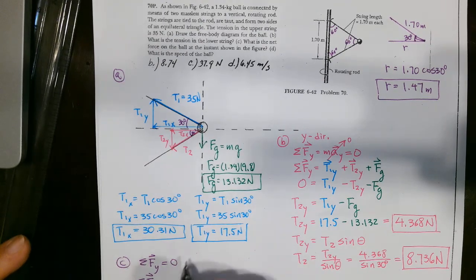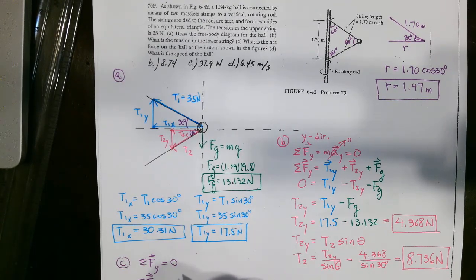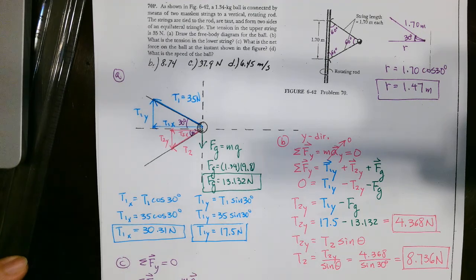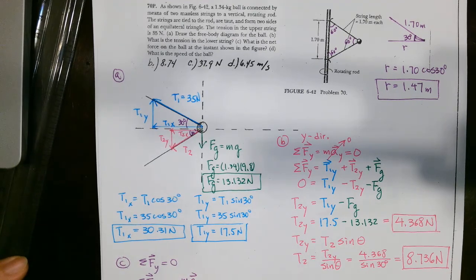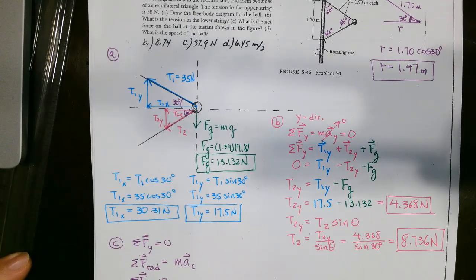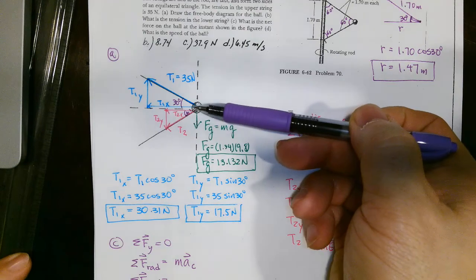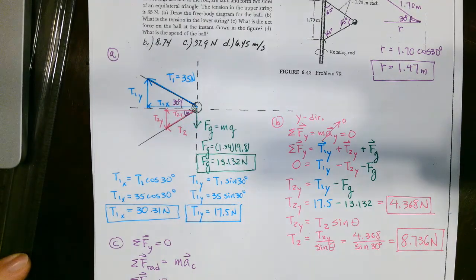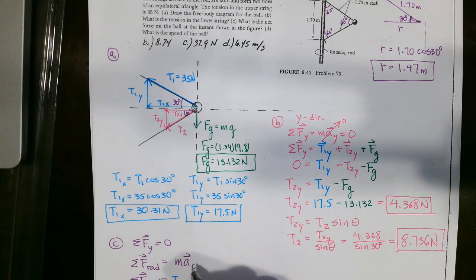Well, we know that is equal to m a_c. But what is the net force radially? How many forces are there? I see two forces, T1x and T2x. Those are the only two forces acting radially, and they're both going in the same direction as a_c.